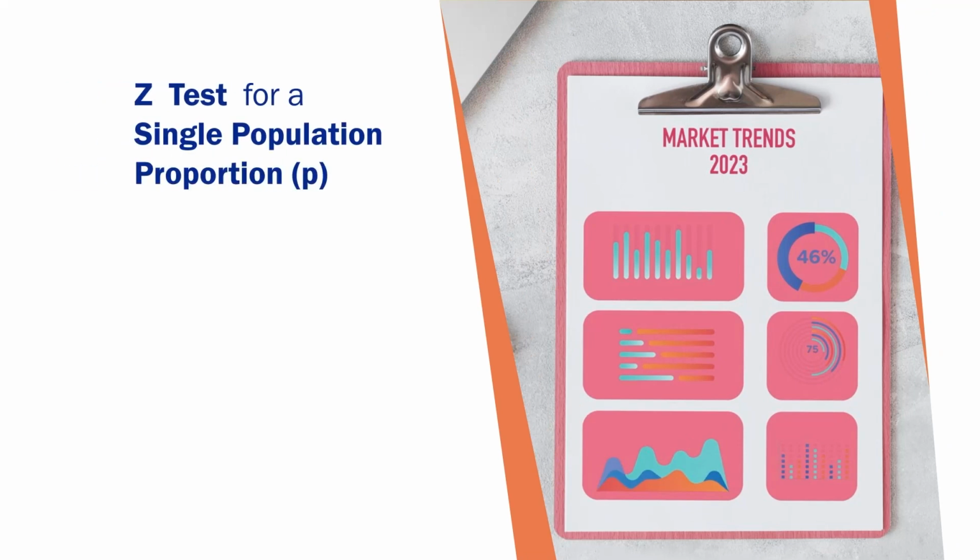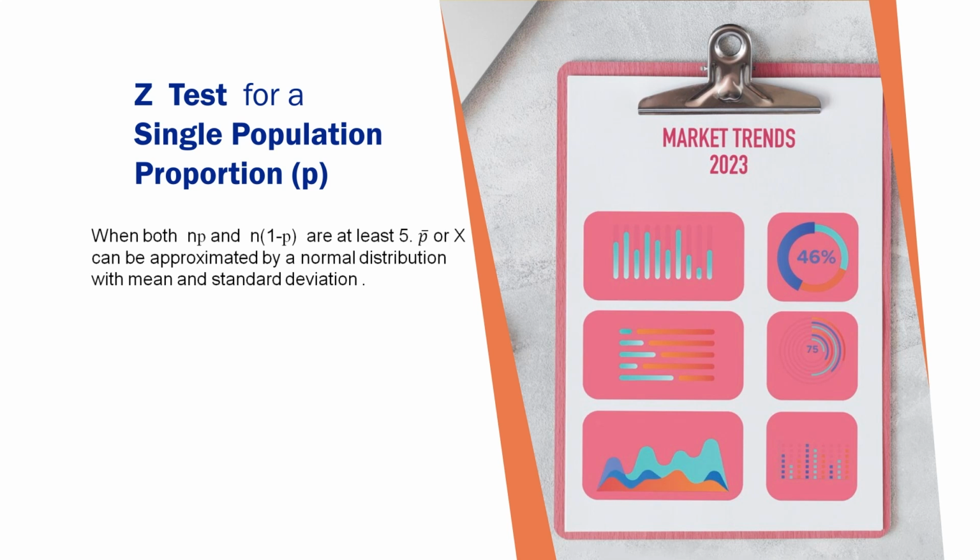Now, the Z-test for a single population proportion can be applied when both nP and n(1 minus P) are at least 5.